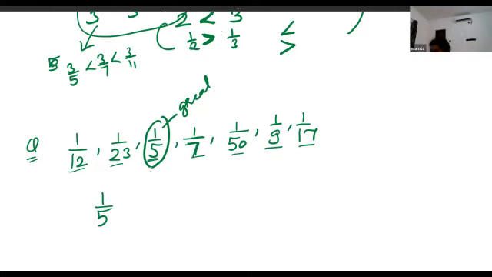So children, please look. The numerator is 1, all the same. So we can arrange them by comparing the denominator. The fraction corresponding to the lower denominator is the greatest, and the fraction corresponding to the higher denominator is the lowest. Please remember, children.